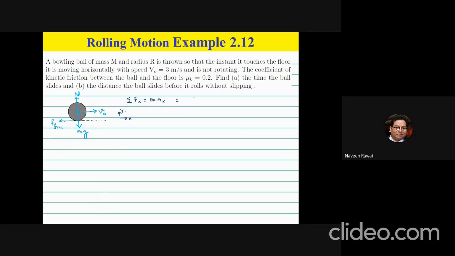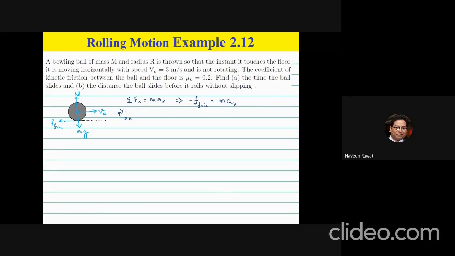That's our convention, and we use this as the positive sign. In the x direction you have only one force, the force of friction, and it is in the opposite direction. So minus force of friction is equal to the mass of this object times its acceleration in the x direction.